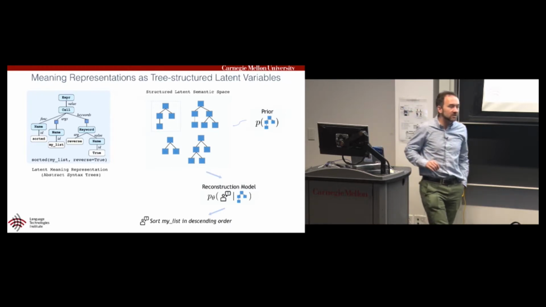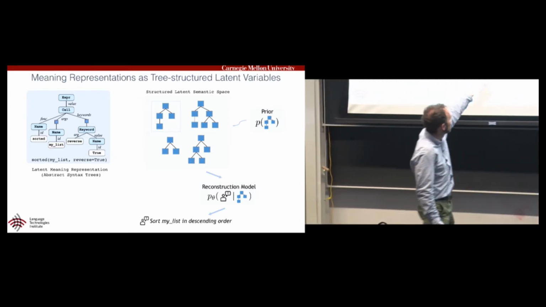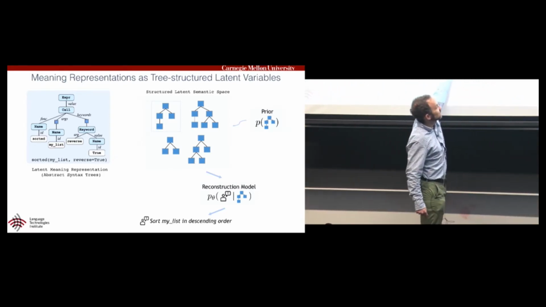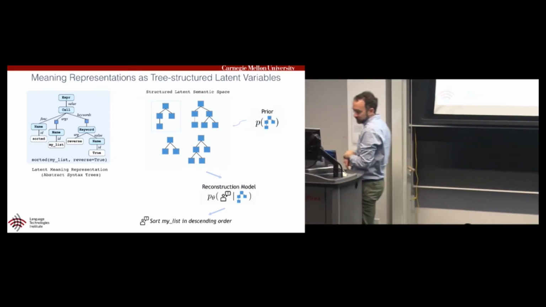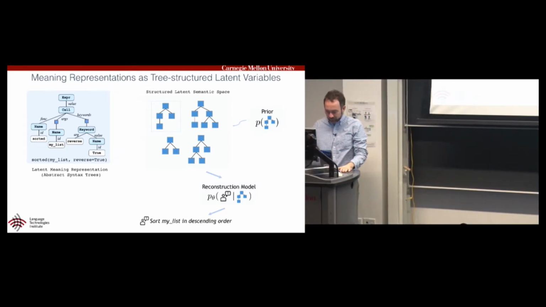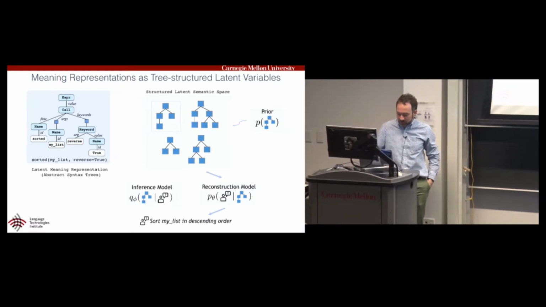So you can see this is like a standard variational autoencoder's generative story, except instead of having this be a continuous vector, we have this be a tree expressing the semantics or syntax of the output. And we also have an inference model, which goes from an utterance into this tree.